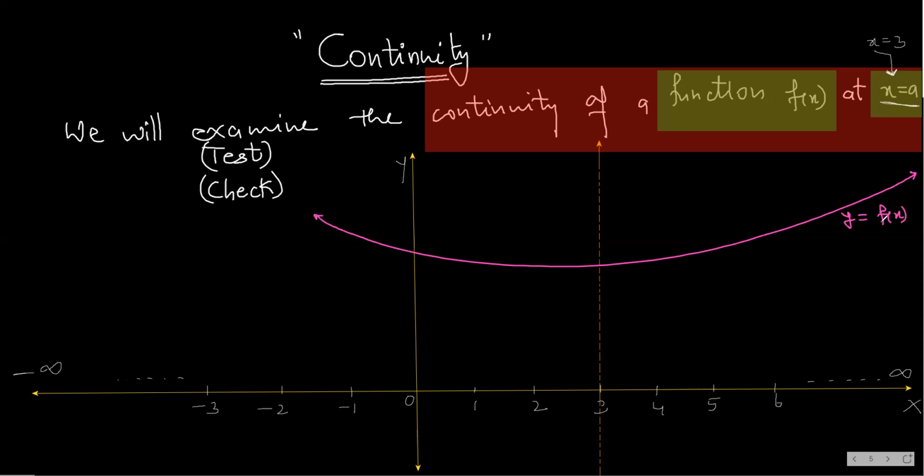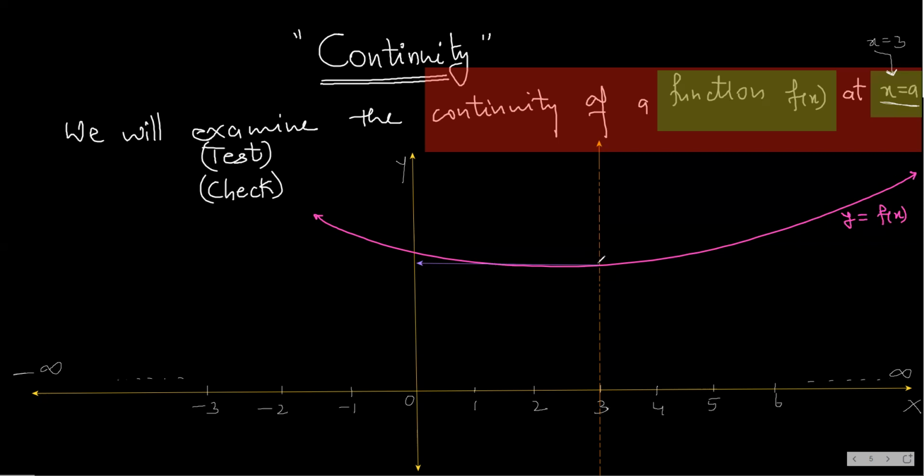Now what you see here is that when x is 3, the function has the value which is this. You check this. So this is the value of the function when x is 3.